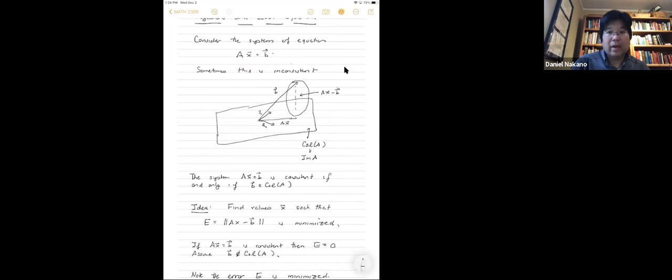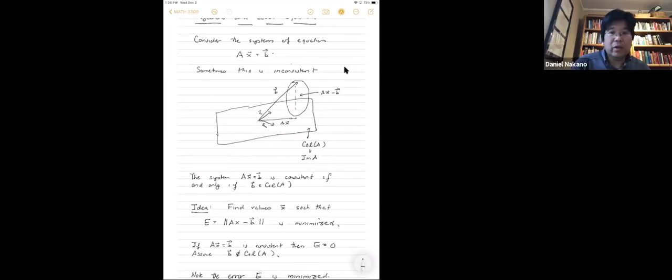So you want to find a vector in the column space which minimizes this distance here. And so it's almost like a regression formula, right? Yes, I think it's definitely related to that. Least squares and regression are definitely related.